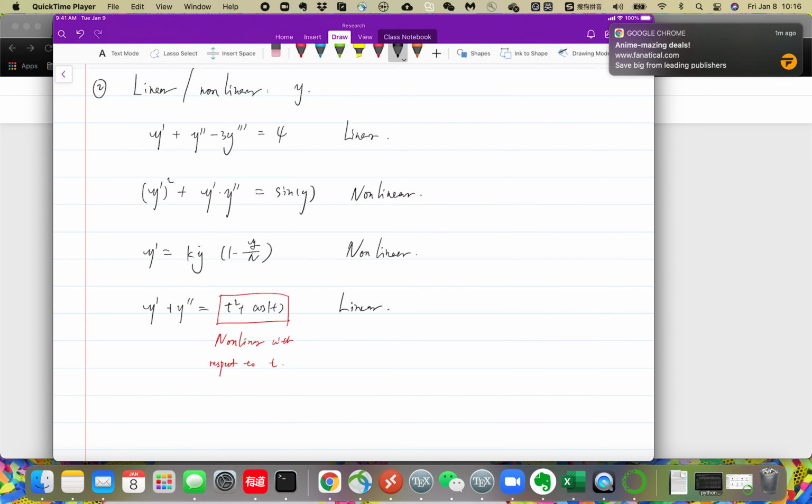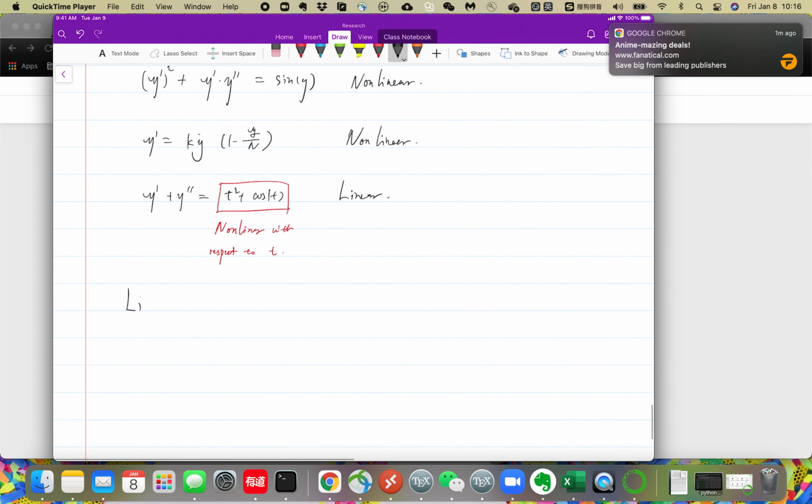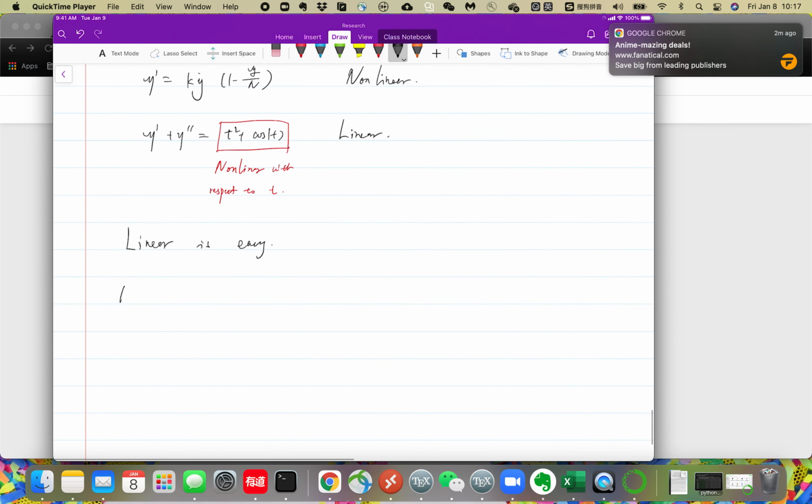All right. In general, linear is easy. Nonlinear is difficult and usually impossible. So most of our energies will be focused on how to solve linear differential equations, which involves a lot of linear algebra.